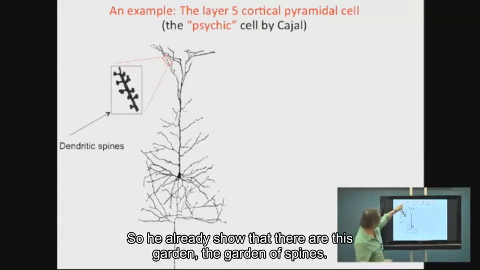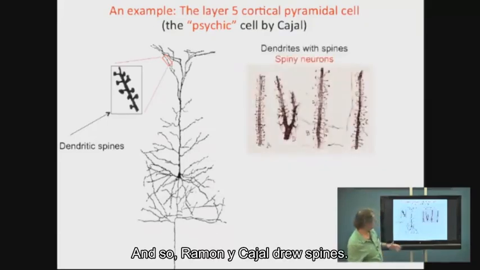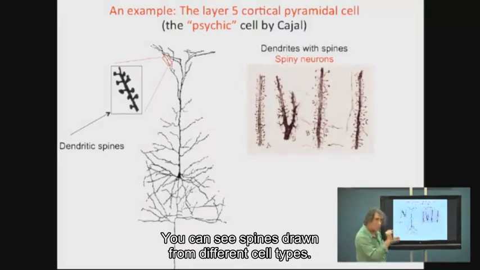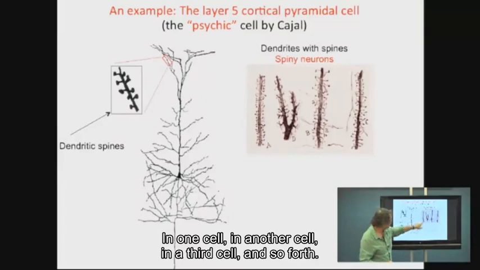So he already showed that there is this garden of spines, sometimes 10,000 spines per pyramidal cell. And so Ramon y Cajal drew spines. You can see spines drawn from different cell types. All of them are spiny cell types: in one cell, in another cell, in a third cell, and so forth.